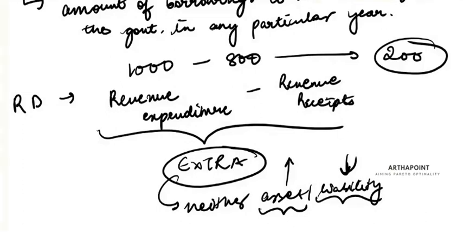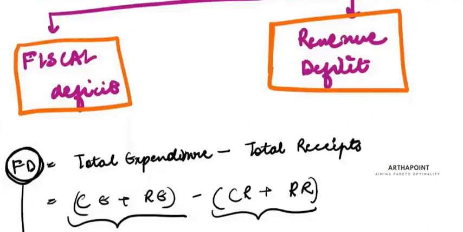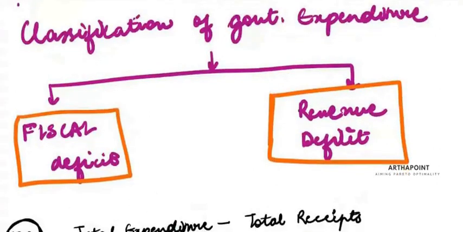Why is revenue deficit more unproductive and why should it be reduced? But for now, it's just the beginning of the subject. We have to understand that government expenditure can also be classified in two main categories. One is known as the fiscal deficit and one is known as the revenue deficit.